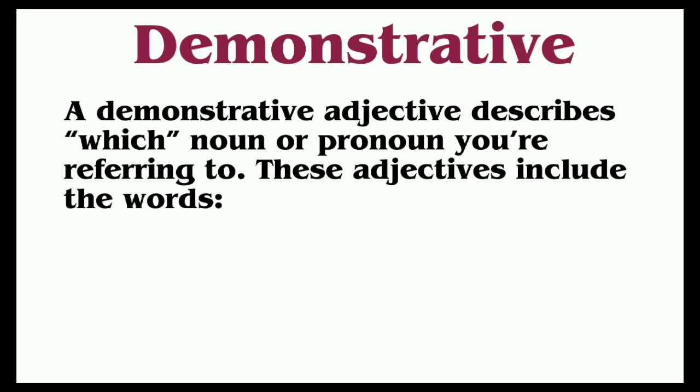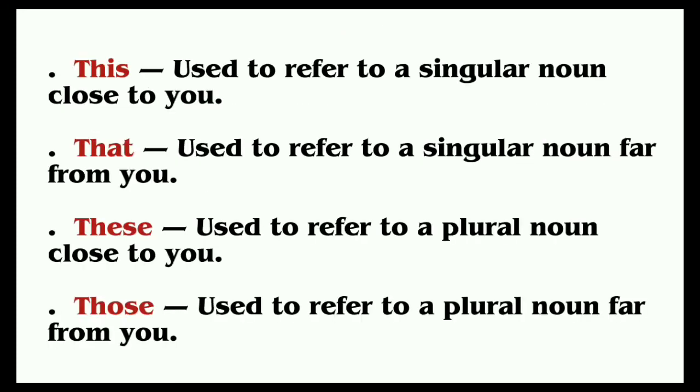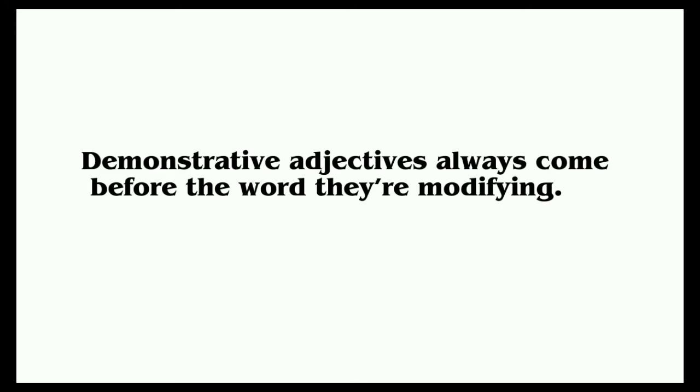These adjectives include words like this, used to refer to a singular noun close to you; that, used to refer to a singular noun far from you; these, used to refer to a plural noun close to you; and those, used to refer to a plural noun far from you. Demonstrative adjectives always come before the word they are modifying.